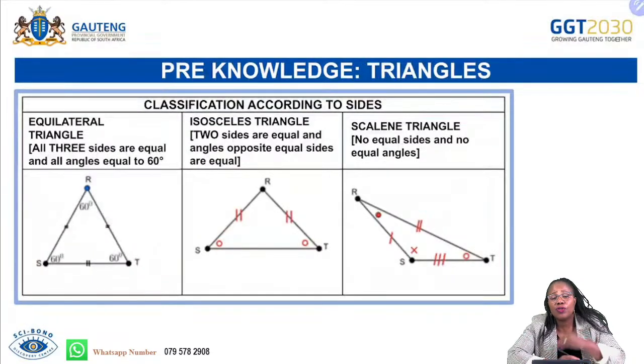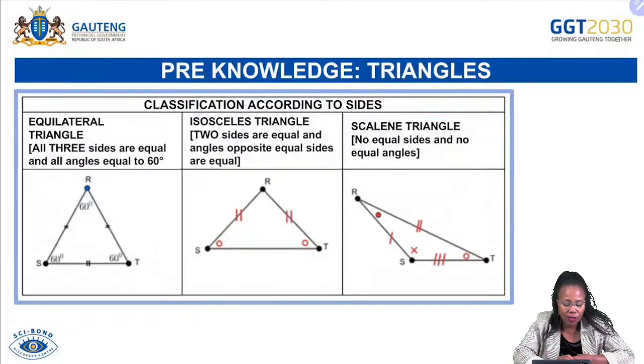And then you also need the knowledge of triangles. We have different types of triangles, classified according to the sides. The first is an equilateral triangle. How do you know that a triangle is equilateral? It's when all the sides are equal.